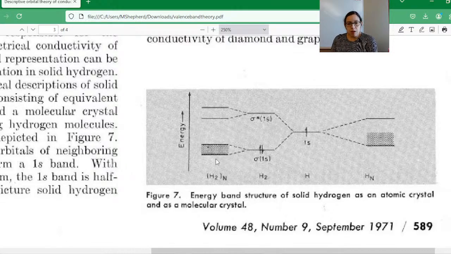So we have our bonding and anti-bonding. And so then this is showing that it is an insulator if we treat it as H2. And then versus if we treat it as atomic solid hydrogen, then it predicts hydrogen would actually be conductive.